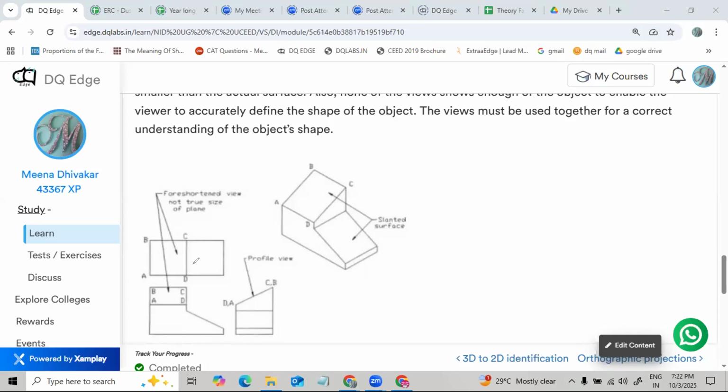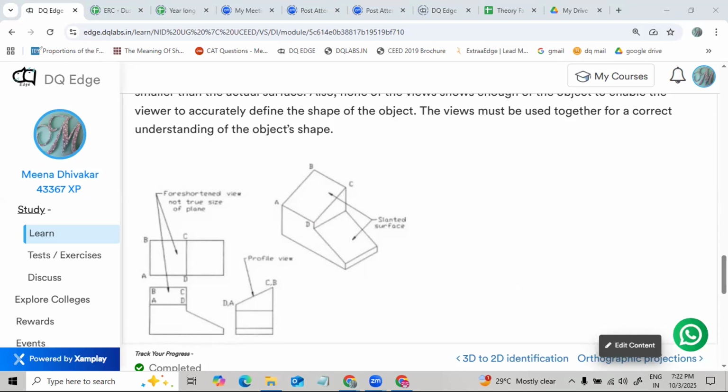If there is an orthographic view, for example, they'll ask you to find out the top view of a particular figure, the front view of the particular figure, or the back view of the particular figure. They'll ask you to find out the particular view.